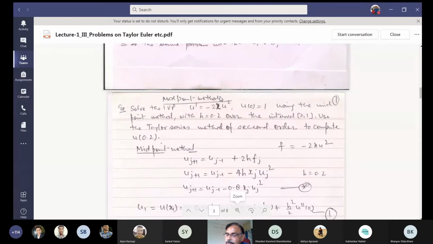Yes, sir. You differentiate this, just find out u prime. u(x) is 1 upon 1 plus x square. So u prime is minus 2x upon (1 plus x square) whole square. Right? And u is 1 upon 1 plus x square.